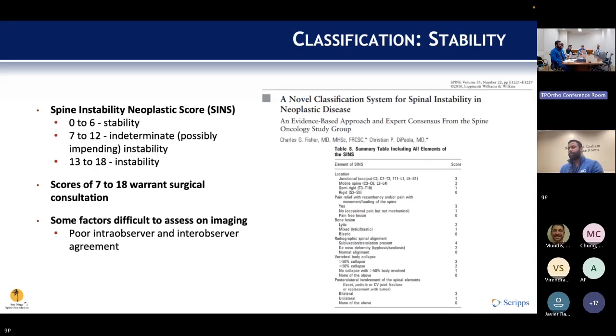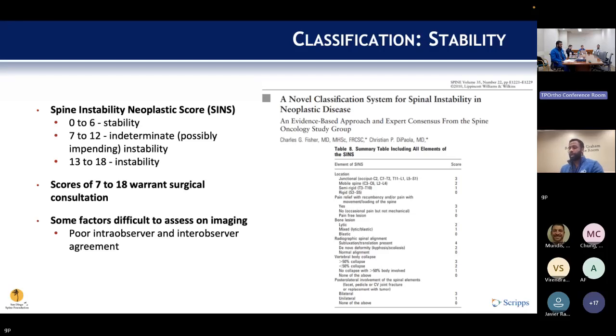Another classification system that we may be more familiar with looks at the stability, and it's the Spine Instability Neoplastic Score, or SINS. This was put together by the Spinal Oncology Study Group as an expert consensus, and they looked at a number of factors, including the location of the tumor, pain with change in position, how much collapse there was, as well as radiographic parameters and the nature of the tumor.